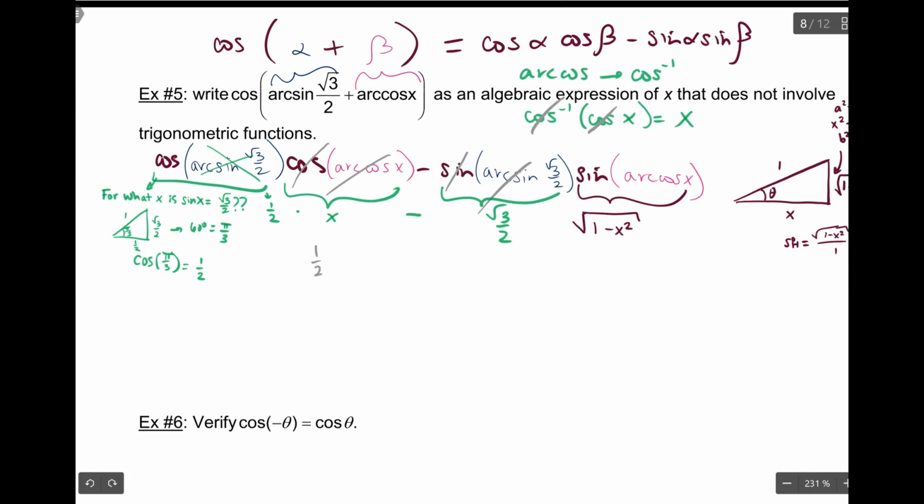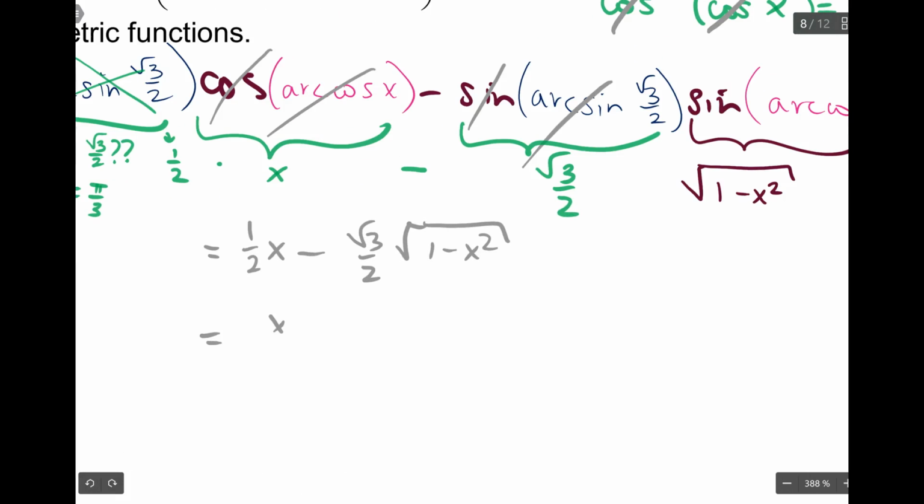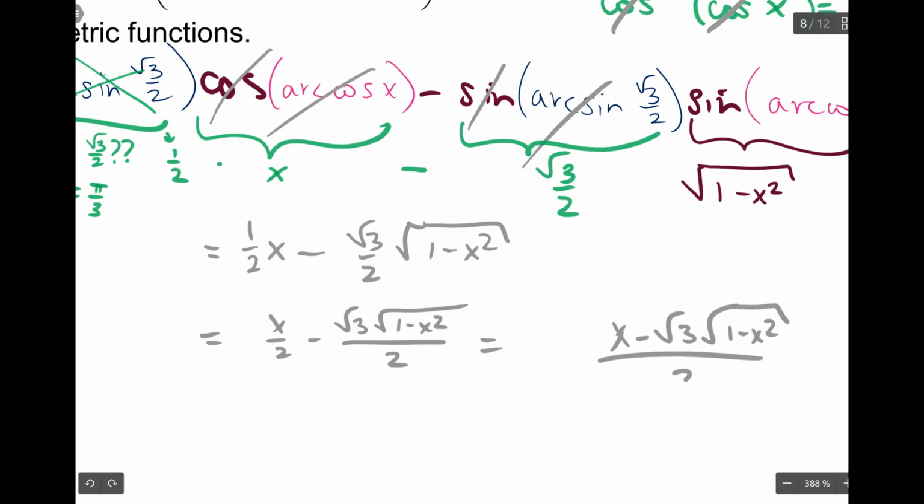I have 1/2 x minus square root of 3 over 2 times the square root of 1 minus x squared. That's equal to x over 2 minus square root of 3 times square root of 1 minus x squared over 2. And that's equal to x minus square root of 3 times square root of 1 minus x squared. I'm just rewriting everything over 2. Check, check, done. Sweet.